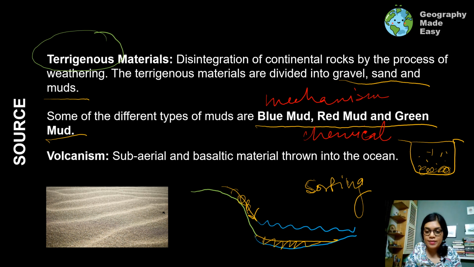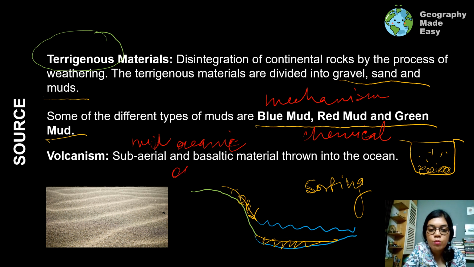Next is volcanism. So we know that volcanic activities are common in the oceans, along the oceans if there are volcanoes, and we have different kinds of volcanic material being thrown into the ocean. We have the mid-oceanic ridges, which are throwing out lava, and this lava gets deposited on the ocean bottom.